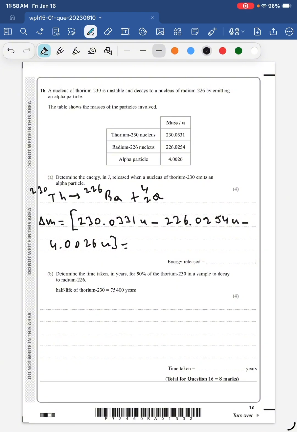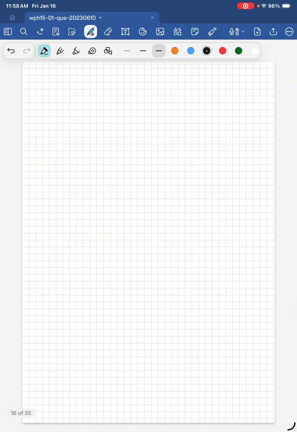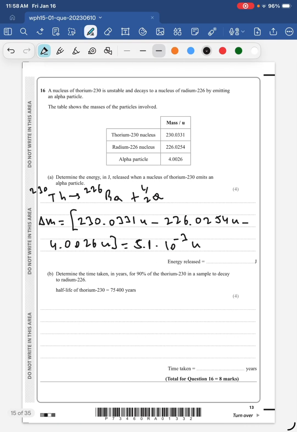So this is equal to 5.1 times 10 to the negative 3 atomic mass units. Let me use a clean page because we are not done yet. We are actually asked for the energy released. So delta E is delta m c squared, our friend Einstein's equation.